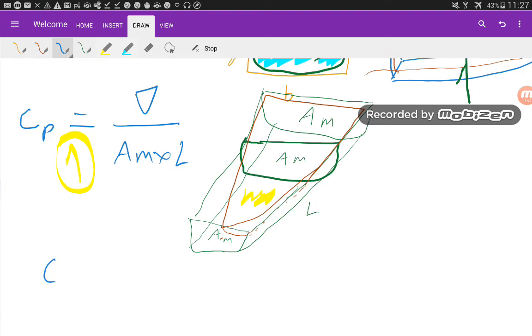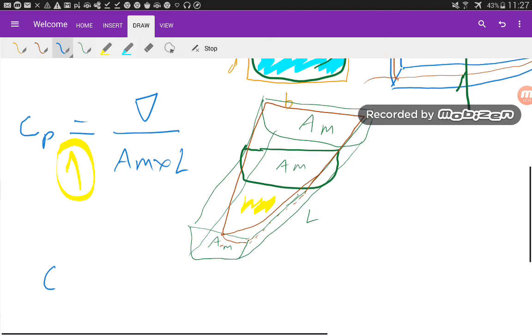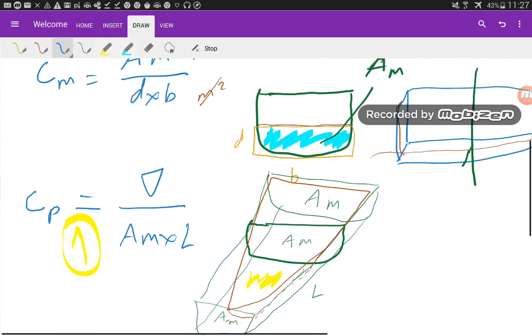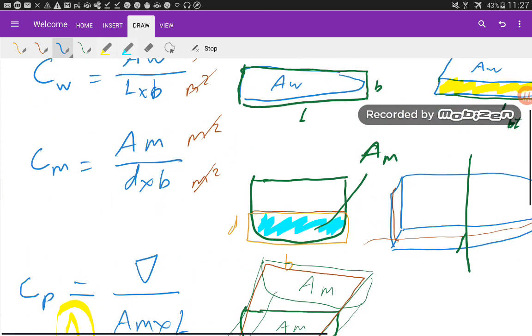the relationship between CP, CB, and CM, as formula 3.